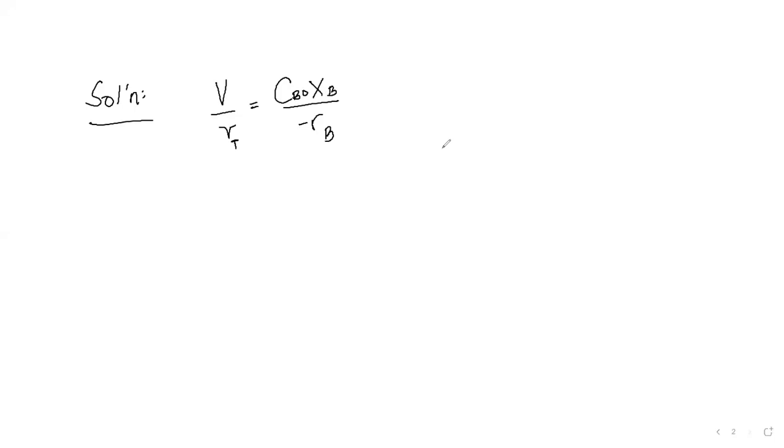Okay, now from this working equation, I'll get the V sub T to be equal to V times the rate in terms of B divided by CBO XB. Okay? I will know this if I know everything that I have in here.